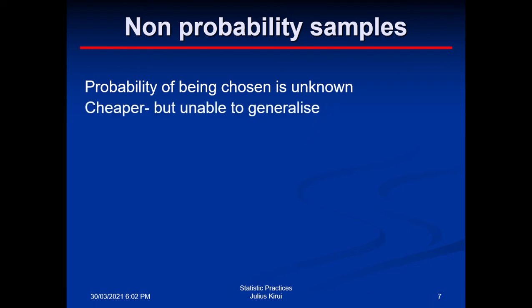Cheap but unable to generalize. In quota sampling, the probability of choosing a particular sample is not known. It is the cheapest way of doing sampling. There is potential for bias. It is easy for bias to be introduced.